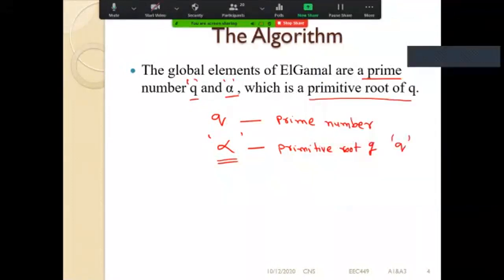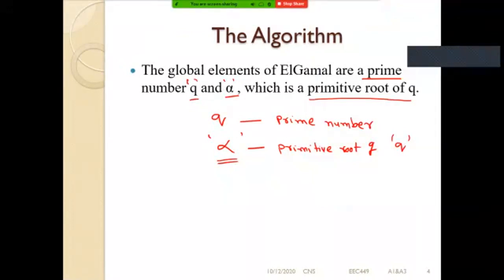So I hope all of you know how to find the primitive root of Q. Now, what are the steps? I will give some basic ideas. See carefully.